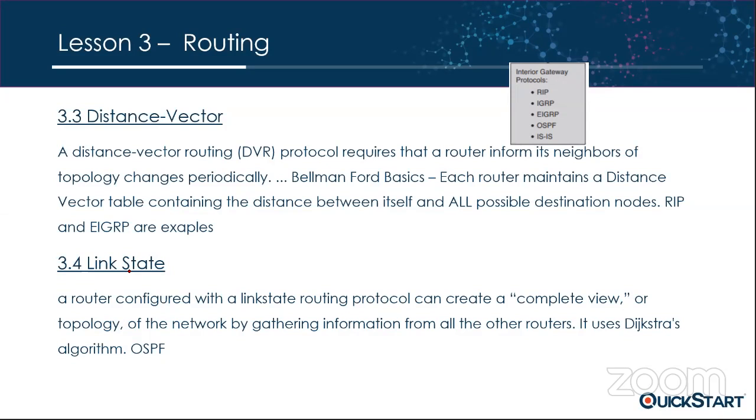So it's up to you whether you want to use distance vector or link state in your network. It's up to the need. If you have a big network, I would recommend choosing link state. If you are going with distance vector, you can use RIP or EIGRP. RIP has two versions, version 1 and version 2. We'll discuss that in the next slide.